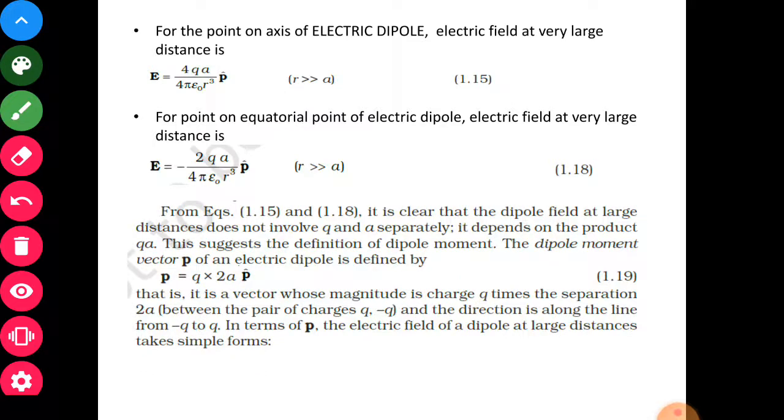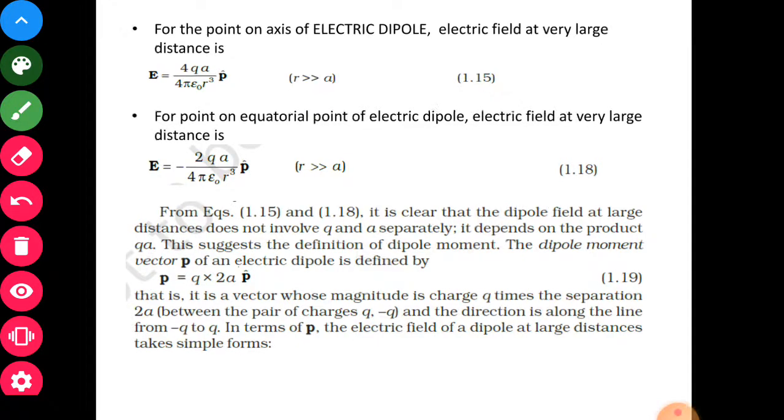Now from these equations, derived in the last lecture and today, it is clear that the dipole field at large distance does not involve q and a separately. Try to understand, it is a product of q and a.